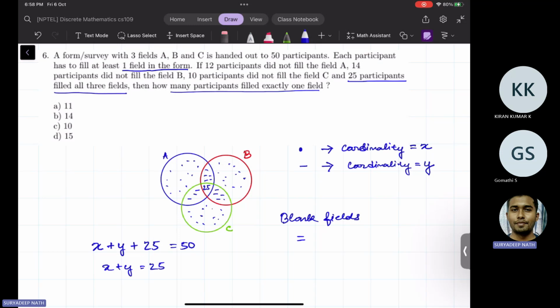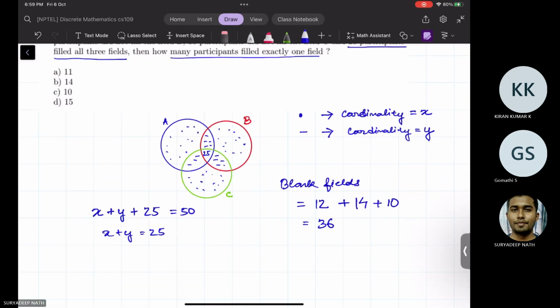There are 12 blank fields for A. So in 12 of those forms, A was not filled. In 14 of those forms, B was not filled, and in 10 of those forms, C was not filled. So there are a total of 36 blank fields in all the 50 forms.